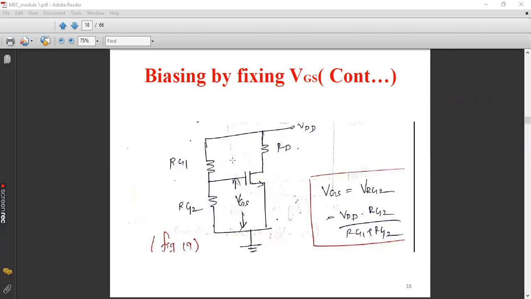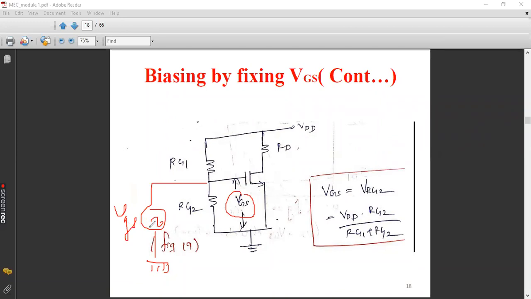isn't it? Suppose this is acting as an amplifier circuit, and normally I'll use this gate terminal to give an input AC signal which is to be amplified. That I can represent as small letter vgs. So this will be your AC signal, and this is the DC bias voltage.